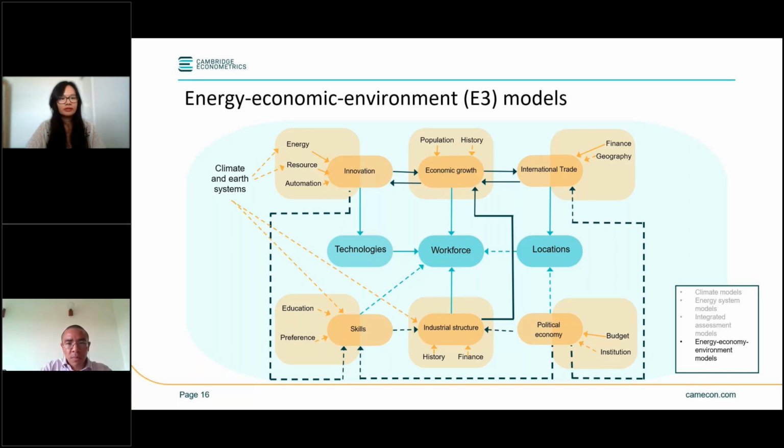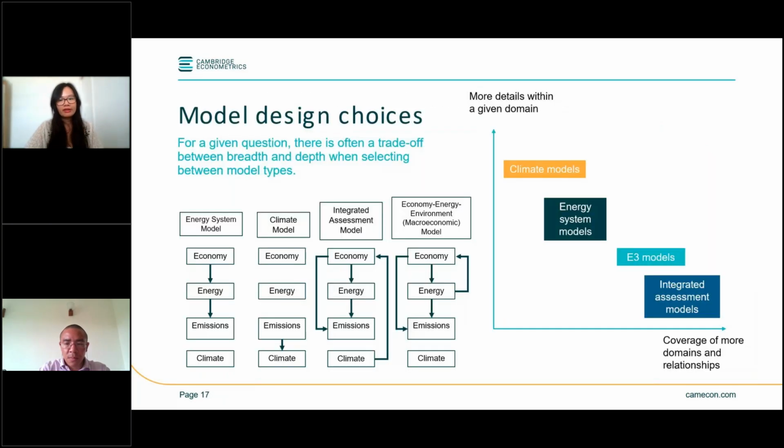It's worth noting that E3 models like E3ME are the most advanced and powerful, but also the most complex amongst all the types that we'll talk about. And as modelers, there is often a design choice trade-off between trying to cover more domains and relationships and covering more details within a given domain.